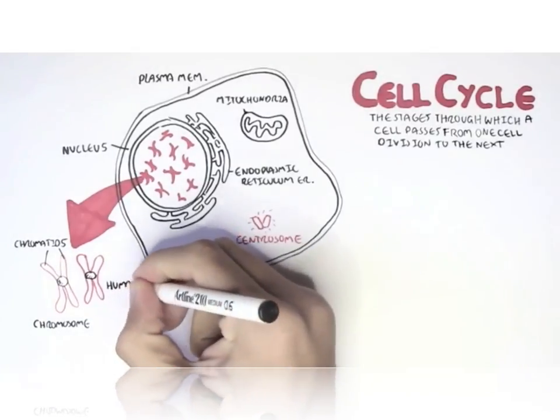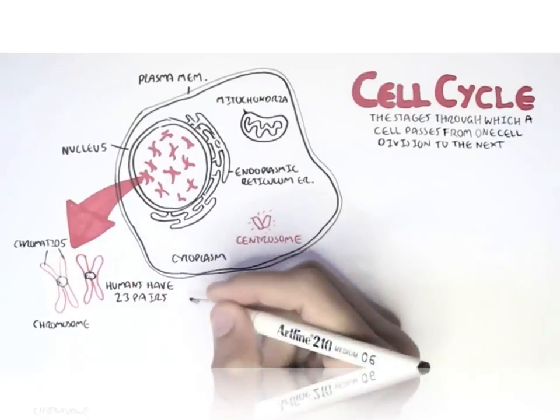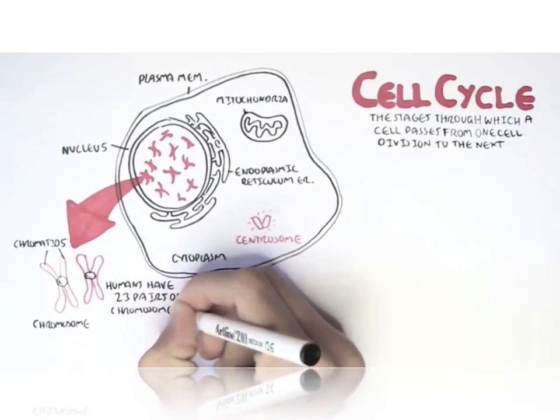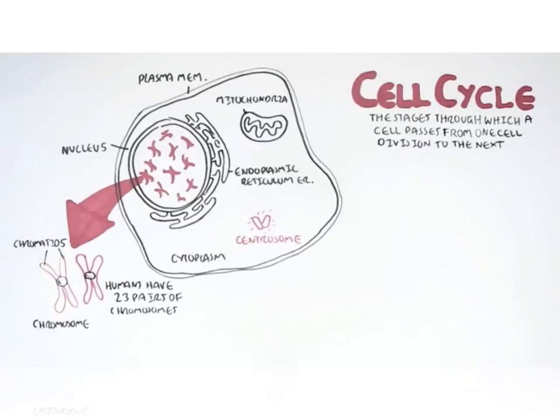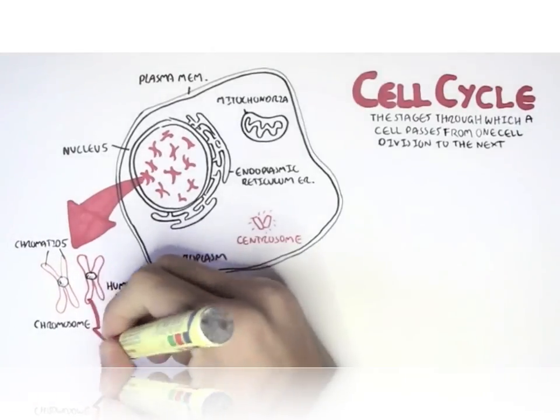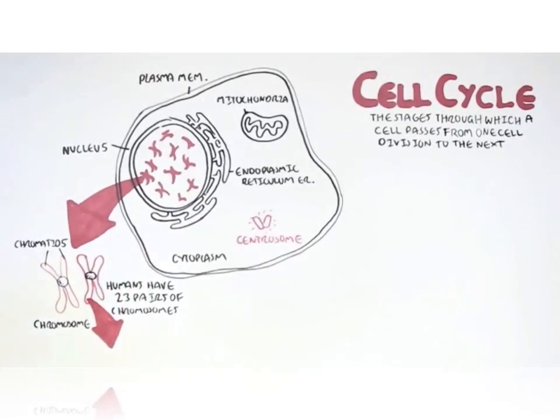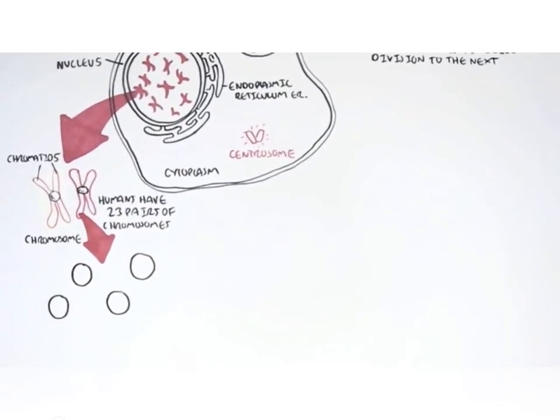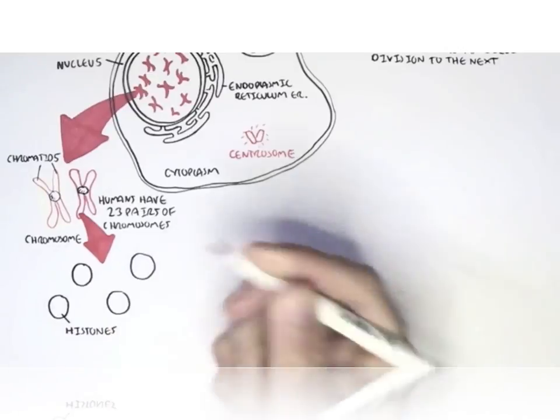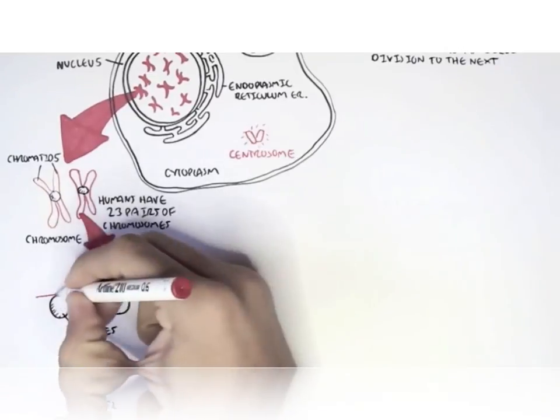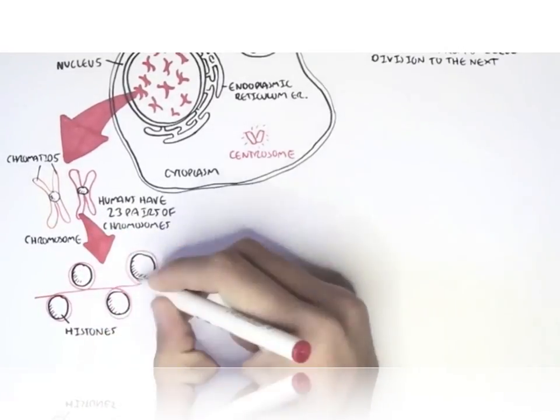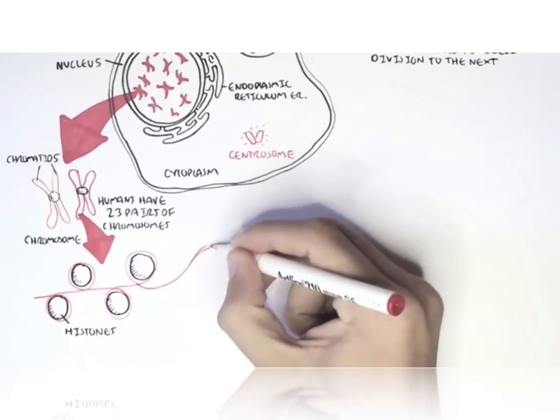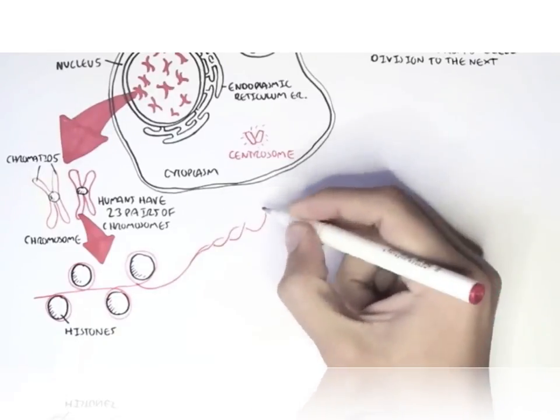Humans actually have 23 pairs of chromosomes, which means that we have 46 chromosomes, because 23 times 2 is 46. Now within these chromosomes, if we zoom in, we have these proteins called histones, which actually help package our long DNA very nicely.